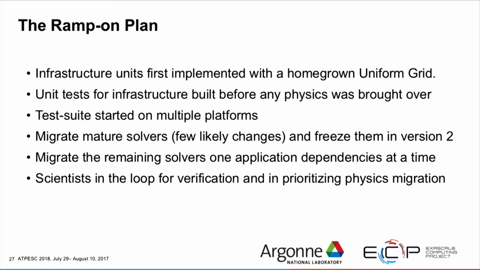The first thing that we did was we made sure that the API of the grid unit was such that you could change between a uniform grid and adaptive mesh in a plug-and-play mode at the time of configuration. All of the infrastructure also had unit tests built for it before any physics was brought over, and we started running the automated test suite on the framework before the first unit was brought over, and this test suite was already running on multiple platforms.